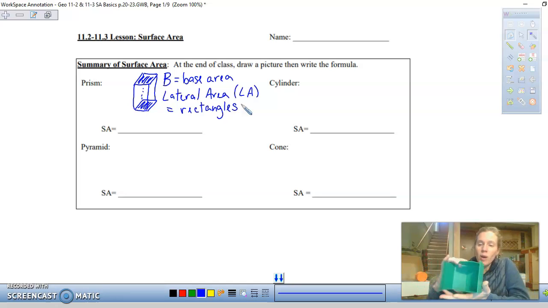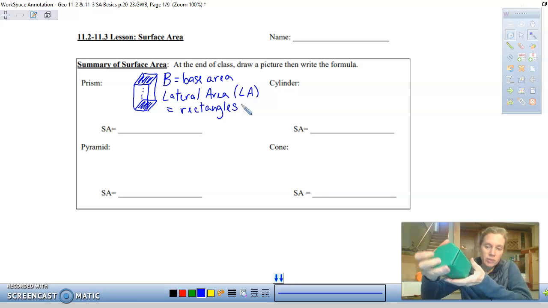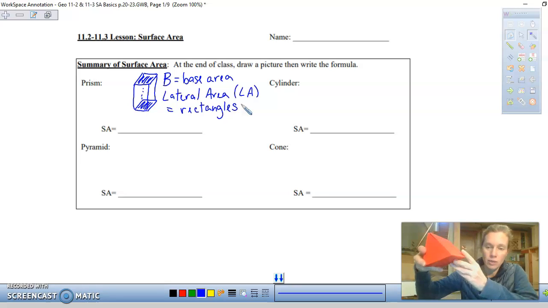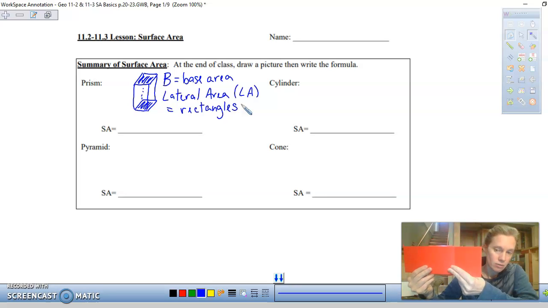It depends on what your base shape is, which will tell you how many rectangles you have. If I had a triangle base, so here's a triangle base, then I only have 3 rectangles. So I would have the 2 bases and then 3 rectangles to make my prism.